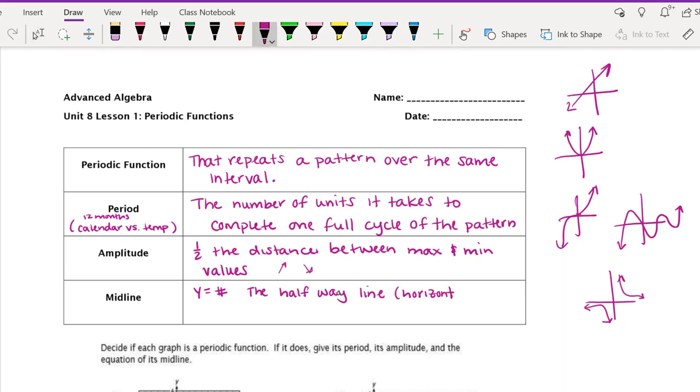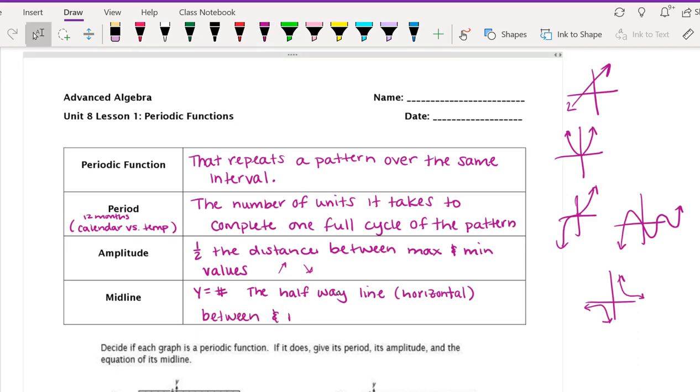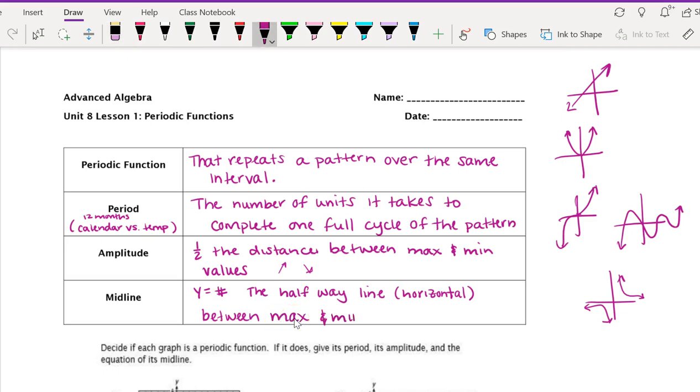Okay, so this midline and amplitude are going to have to do a lot with each other. So I'll describe what that means a little bit when we look at the functions of sine and cosine.